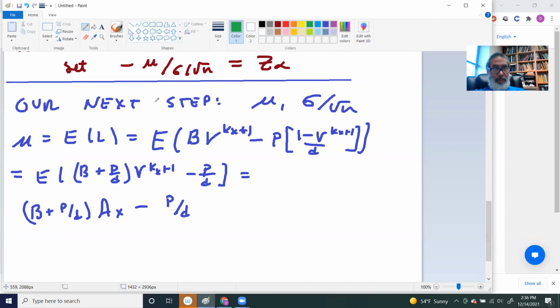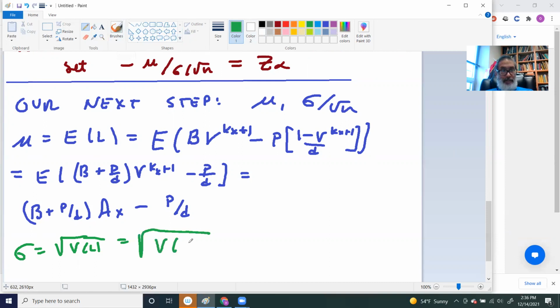Now, the second part is the denominator. And we know our sigma is going to be the square root of the variance. In this case, the square root of the variance of a random variable right here.